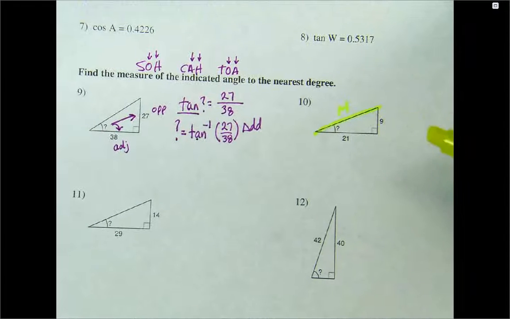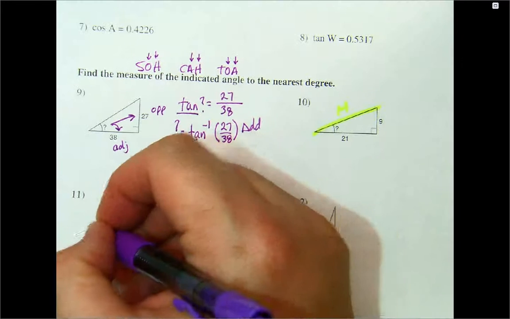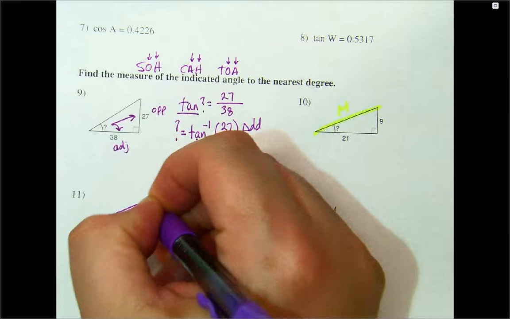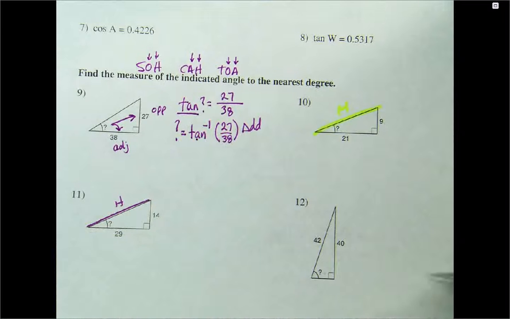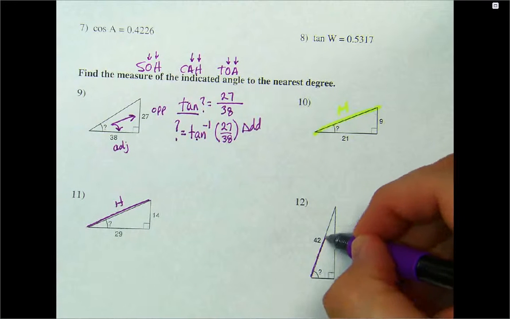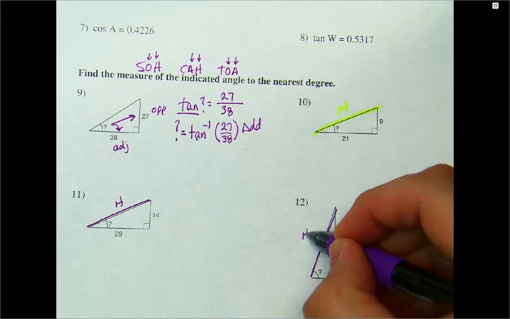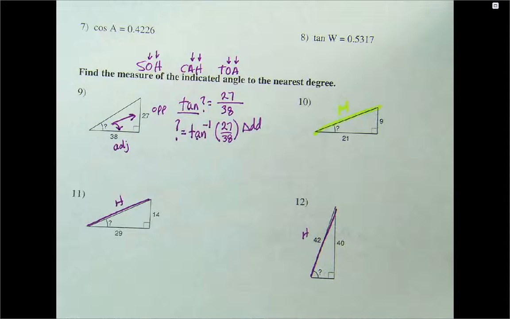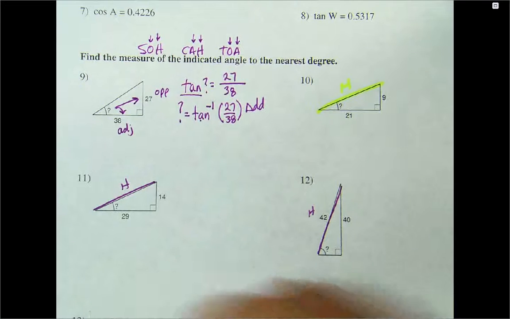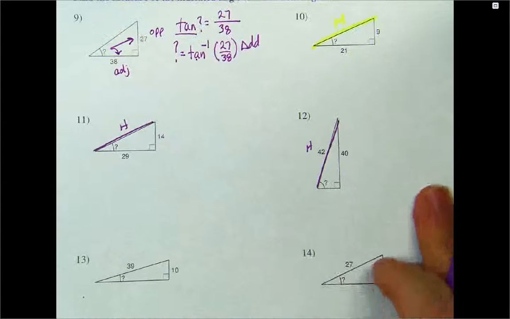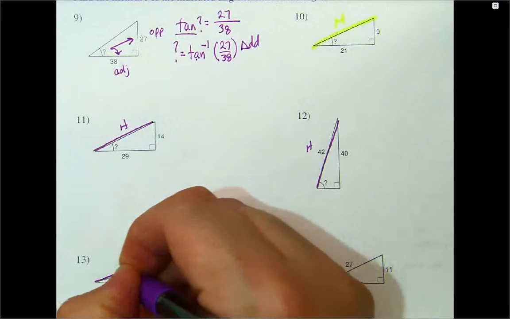The highlighter's not working too great as far as that goes. But for this guy, here's the hypotenuse. This guy, this is your hypotenuse. 13 and 14, that's your hypotenuse. 14, there's your hypotenuse.